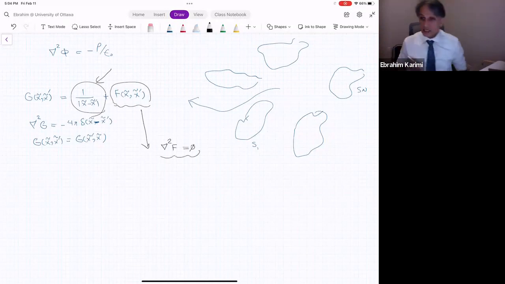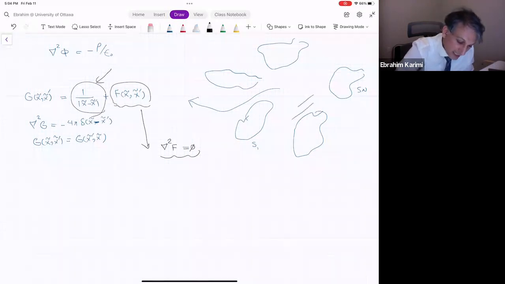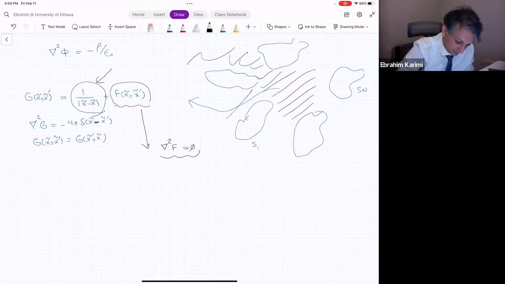The f function just takes care of the boundary or outside charges, because the Laplacian of f is always equal to 0, so it deals with no charges in this space.